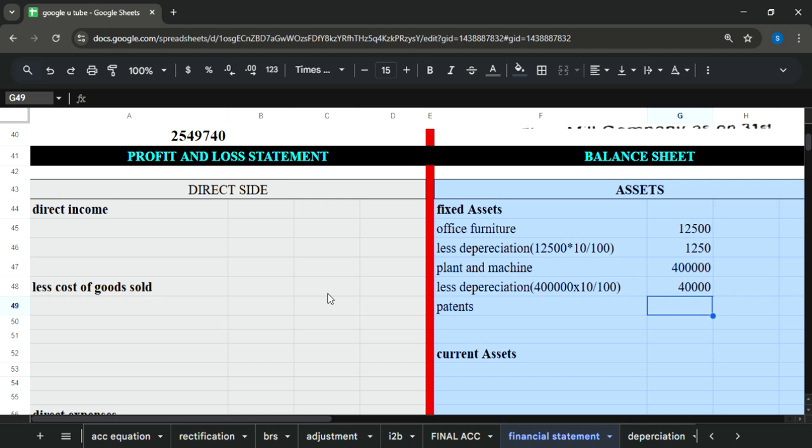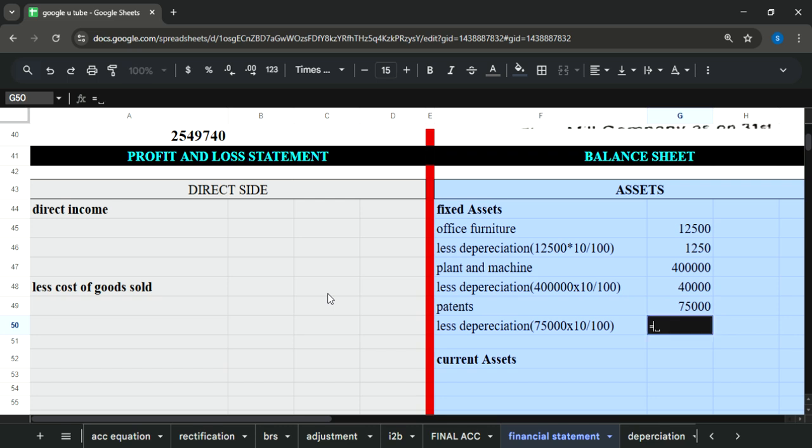So let's put the amount 75,000 and now we will be subtracting its depreciation. How would we calculate? 75,000 is the amount of the asset, and again we will calculate 10%. What we have done, 75,000 was the value of patents and we were asked to calculate 10%.